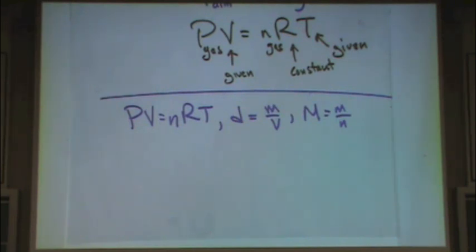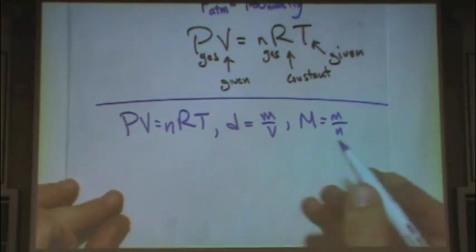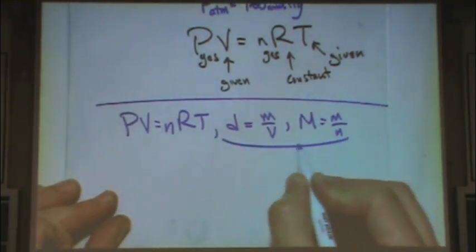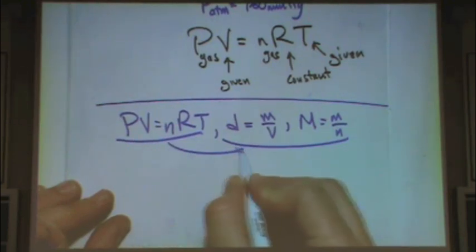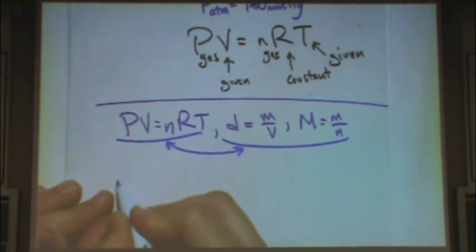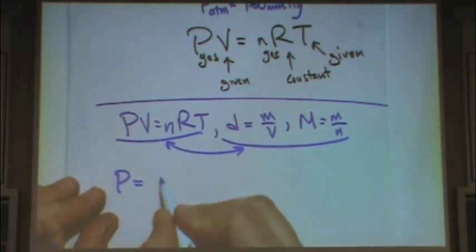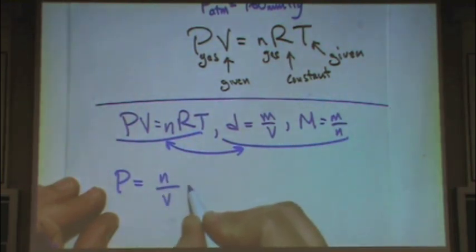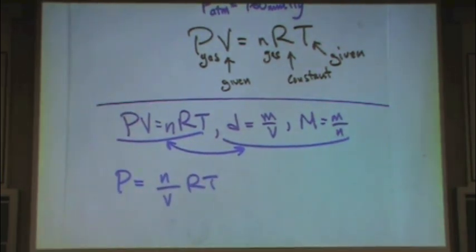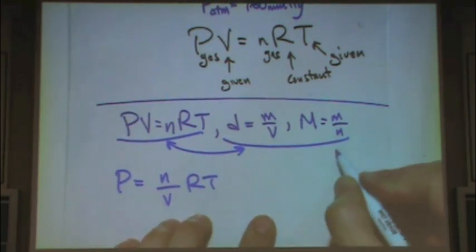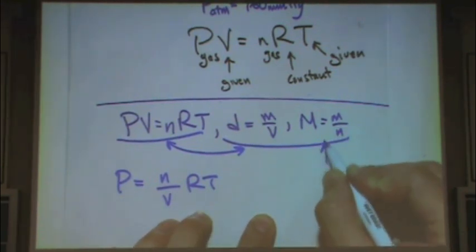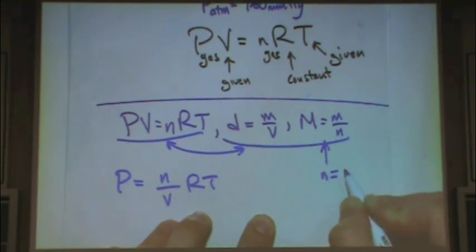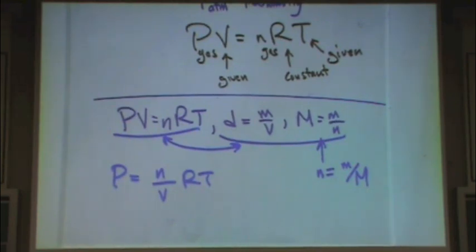So as an illustration, let me just do a little bit. You need to do a substitution, to put these two equations together. For me, the easiest way is to say, well, pressure is moles over volume RT. Moles over volume kind of gave me towards density, so that's why I start there. And then, using this equation up there, I'll say, well, moles is mass, lowercase m, over uppercase M, molar mass.